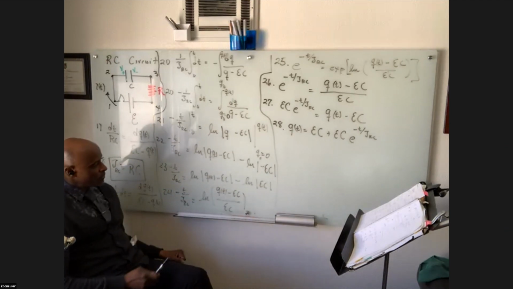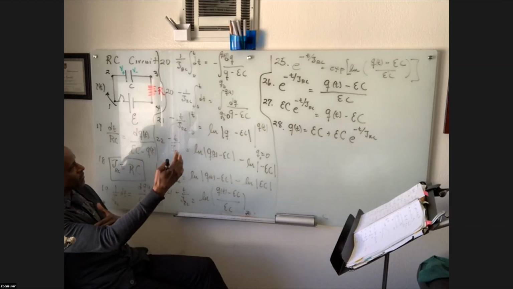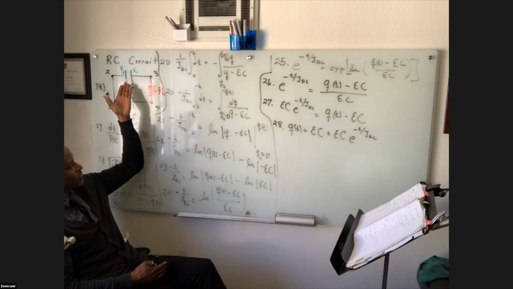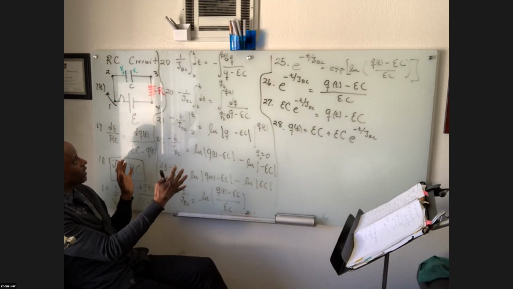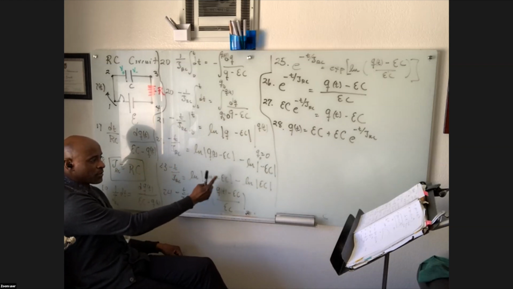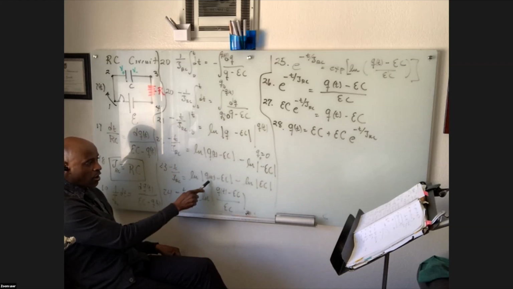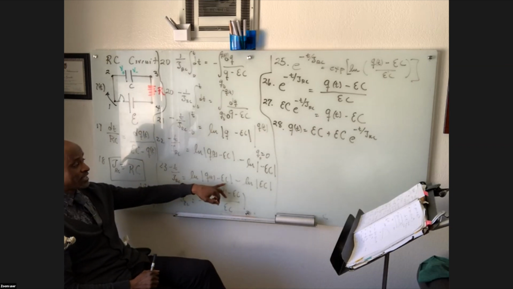Look at it. Because I'm in the region where I'm going from Q equals 0 to Q equals some maximum value on the capacitor, during that time period, which is where this mathematical derivation is taking place, this quantity is going to be a negative number because QT is always going to be less than minus EC. In fact, minus EC, sometimes you see this derivation, that is the maximum charge on the capacitor.